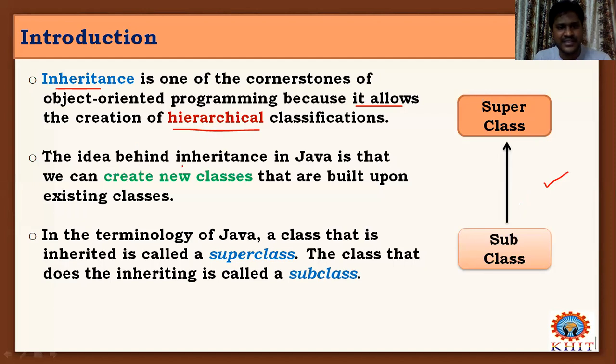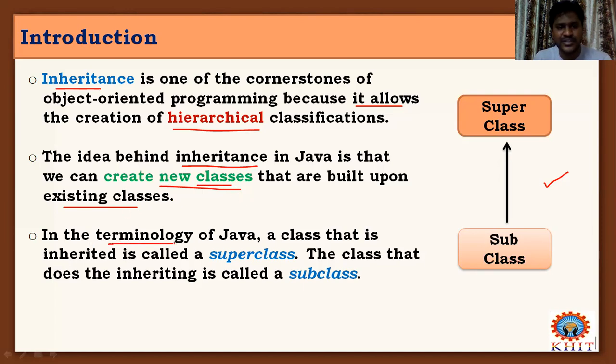The idea behind inheritance in Java is that we can create new classes that are built upon existing classes. According to the inheritance concept, we can extend or adopt the properties from one class to another class. The newly created classes have the right to access some members of the class by using inheritance.